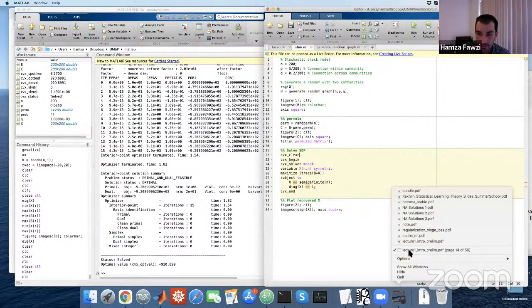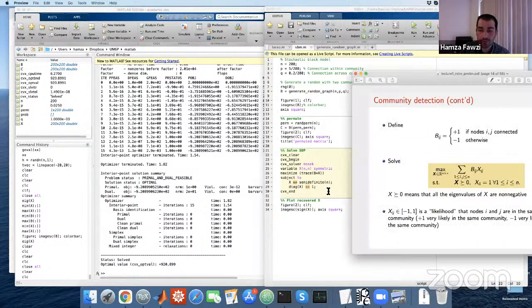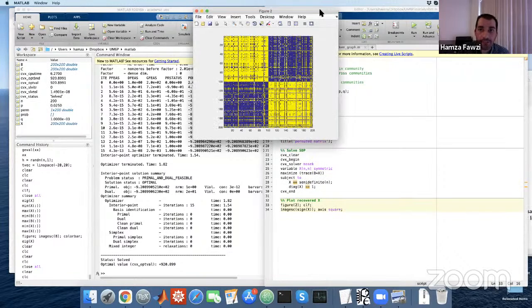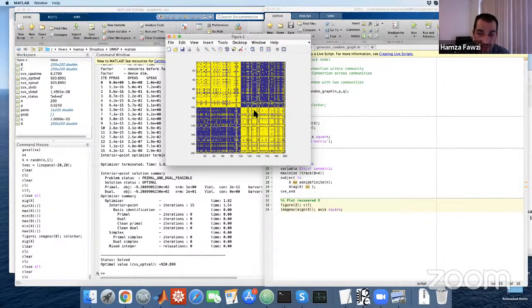Okay, and now I can look at the solution. This is the matrix X, but I've plotted just the sign of Xij.